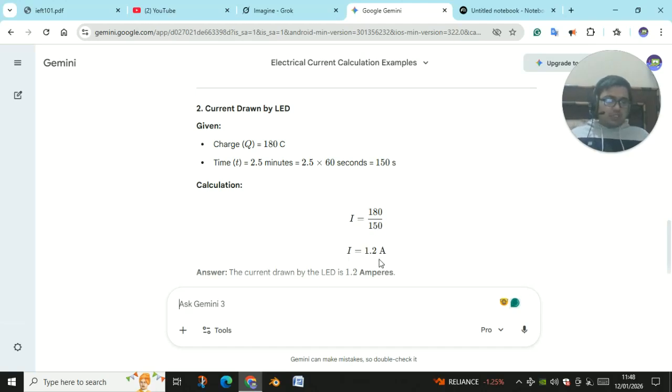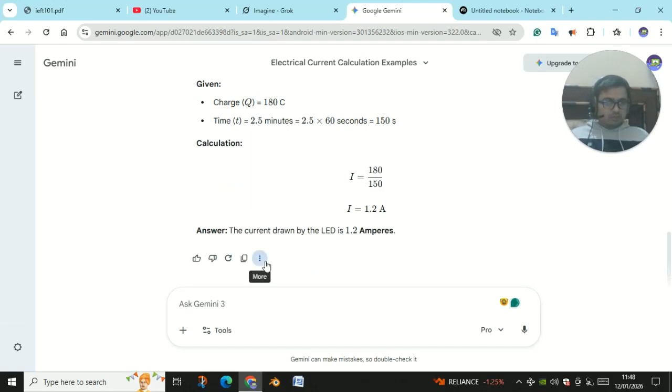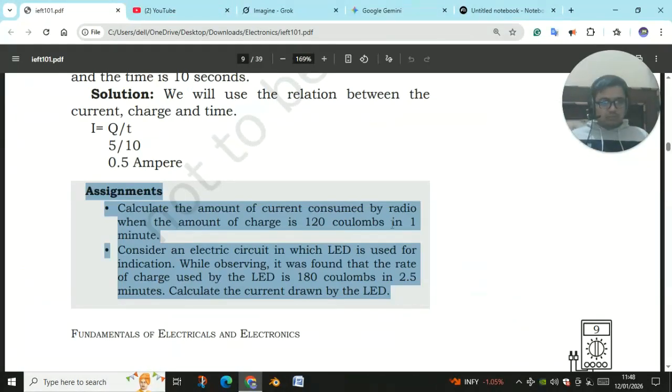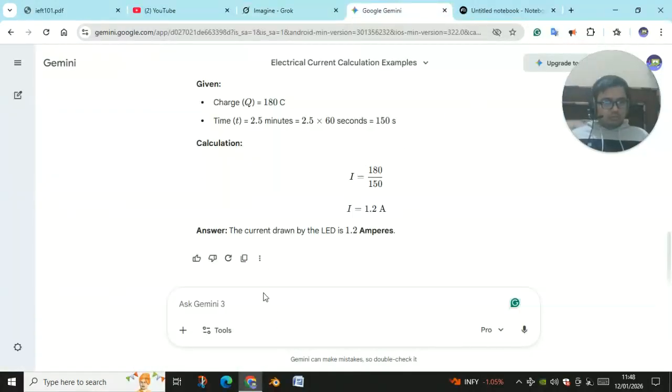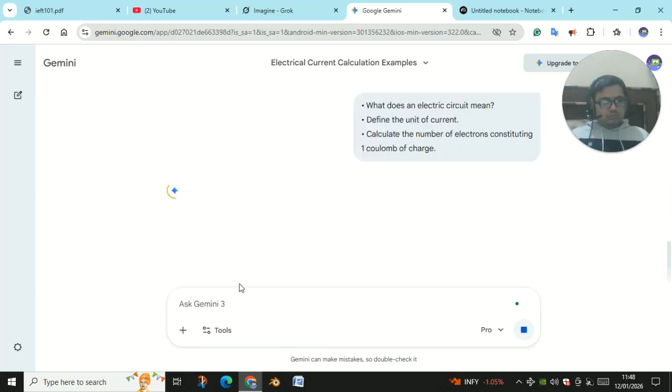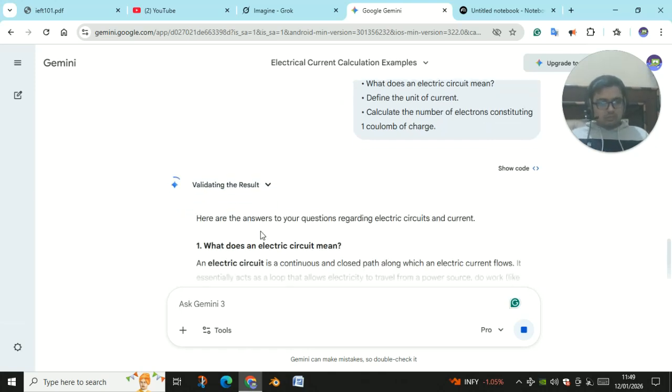So I is equal to 1.2 ampere. So here are the answers for the assignments.